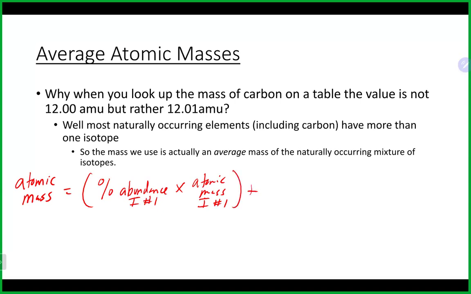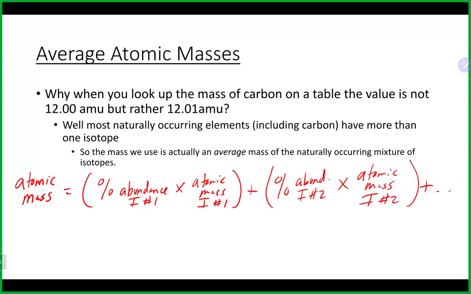Then you add it to the percent abundance of isotope number 2 times the atomic mass of isotope number 2. And you basically continue that pattern. And the important thing here is actually it's adding. And when people do this calculation, they always want to multiply that. So it's actually adding there. And people always, again, seem to want to do that.